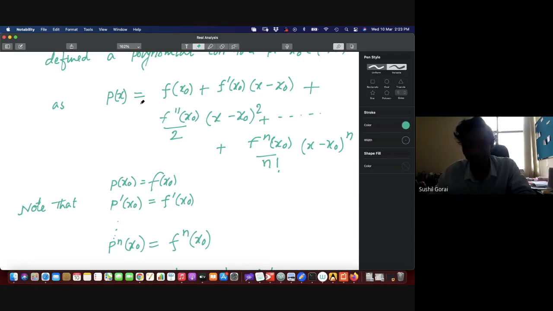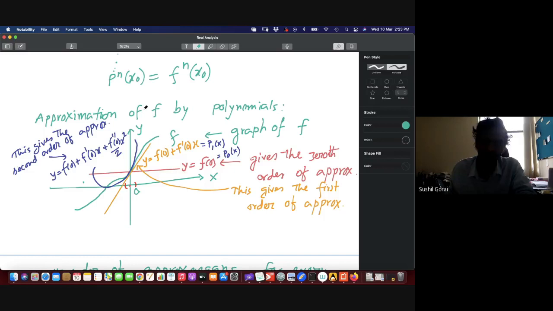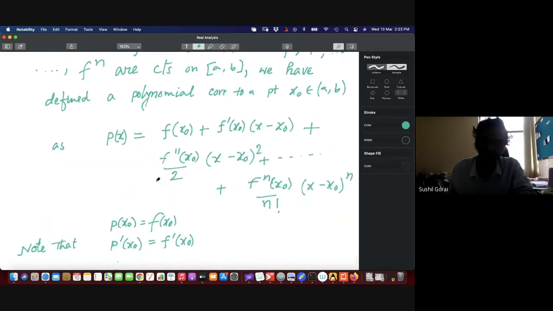Is this clear? So there might be some other polynomial which will approximate the function up to order k or order n, but this is the very standard one example which is very easy to find from the derivatives of f.